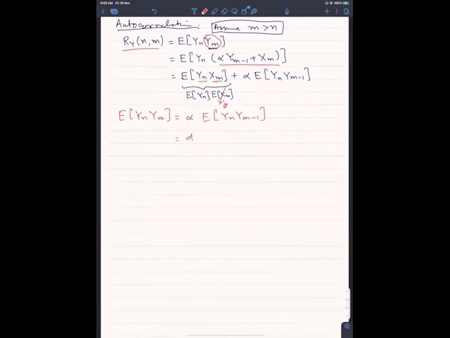I can write it as alpha squared times the expected value of y_n y_(m-2), equal to alpha cubed times the expected value of y_n y_(m-3), and so on.